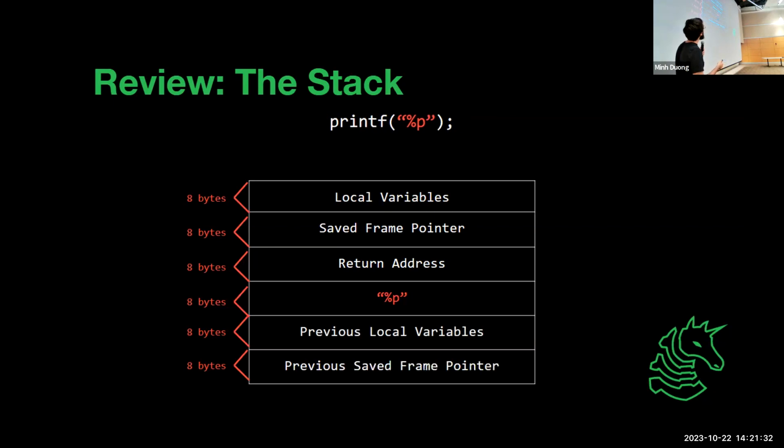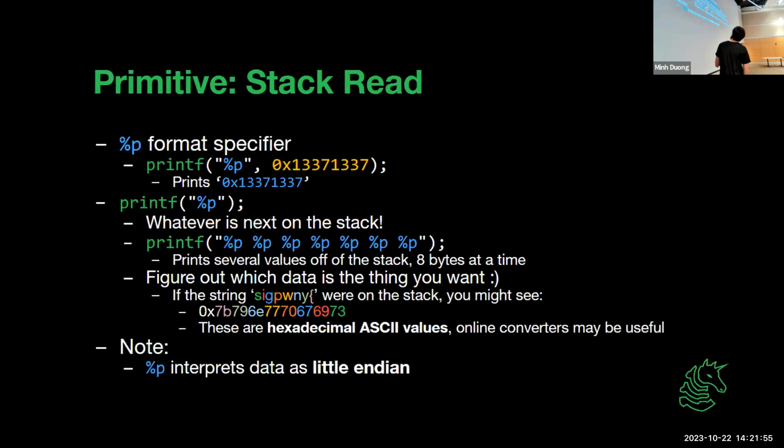But if I don't have that variable, then it's just going to start leaking out local variables of the caller, and eventually, there's no limit to the number of specifiers you can provide. You'll end up actually leaking the saved frame pointer and return addresses of the caller function. So printf can give us a lot of information if used unwisely. So I can chain a bunch of them and read off values of the stack.